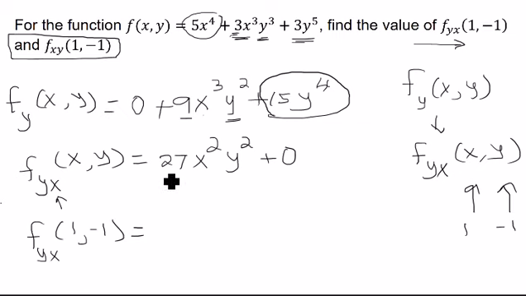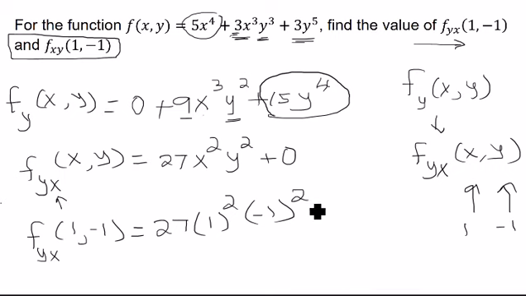On the right hand side, you have 27, and now we're going to replace x by 1. So that's going to be 1 to the 2 and a negative 1 to the power 2 again. Now 1 to any power is 1, but the negative 1 is going to become 1 or negative 1 depending on the power.